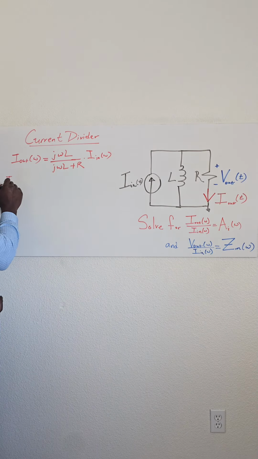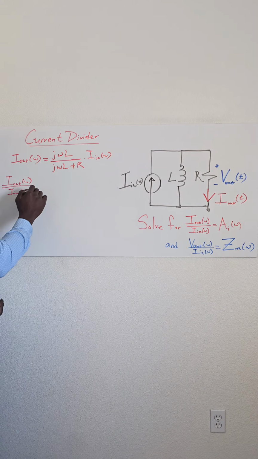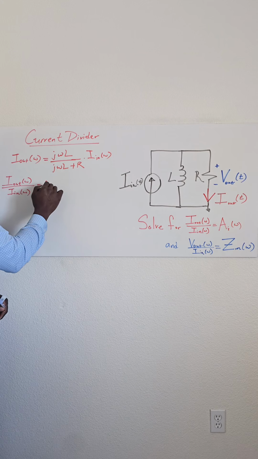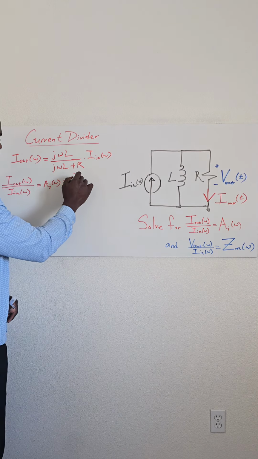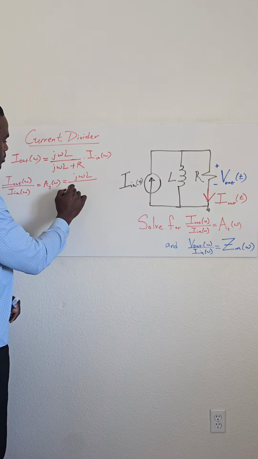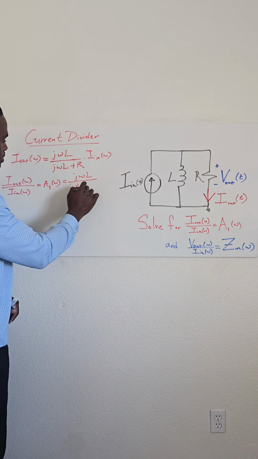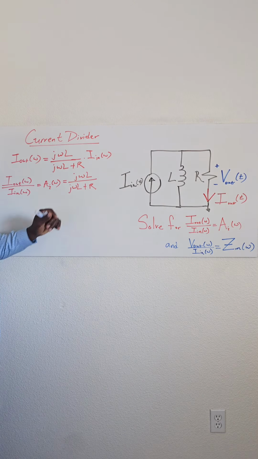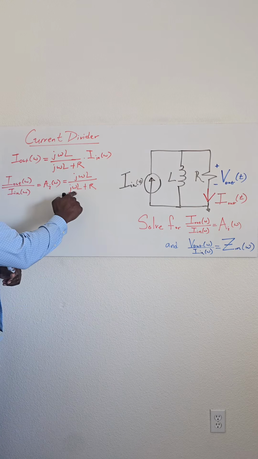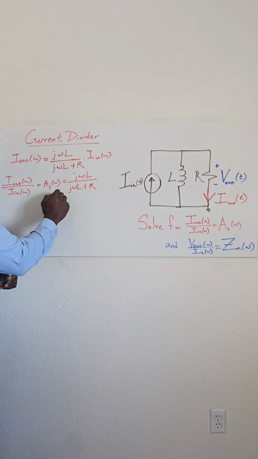As a result, I out of omega over I in of omega is equated to A_I of omega, which is equal to j omega L over j omega L plus R. And essentially, as you can see, this is what's considered a high pass filter, simply because if I input 0 into omega, I get 0.